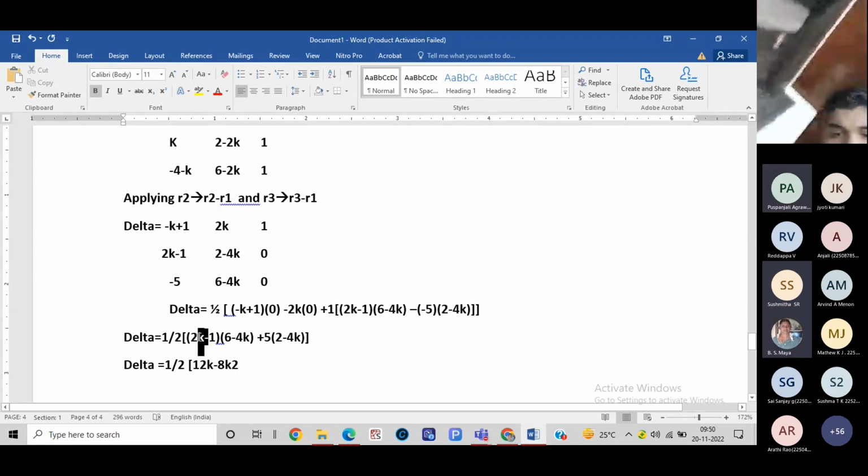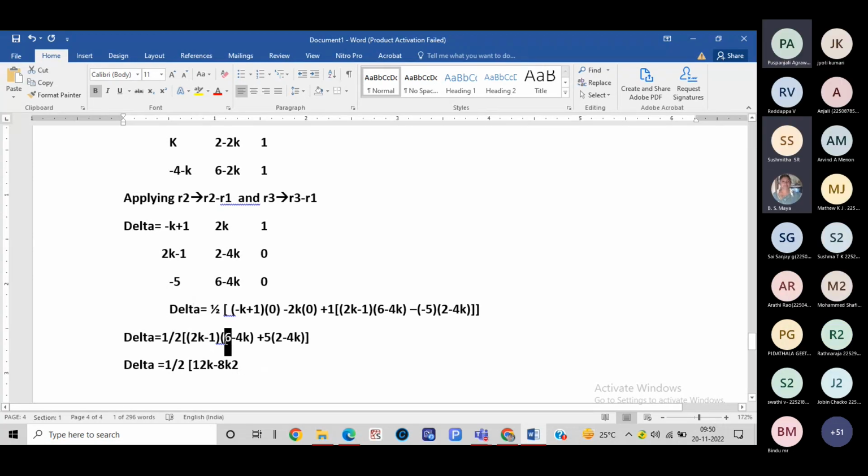Clear? Start with 2k. 2k into 6, 6 2s are 12k, minus 4 2s are 8, 8k square. Any doubt? 2k into 6, 6 2s are 12, into k, 12k. Minus, plus into minus, minus. 4 2s are 8, k into k, k square. When I'm adding, the k is not multiplied.